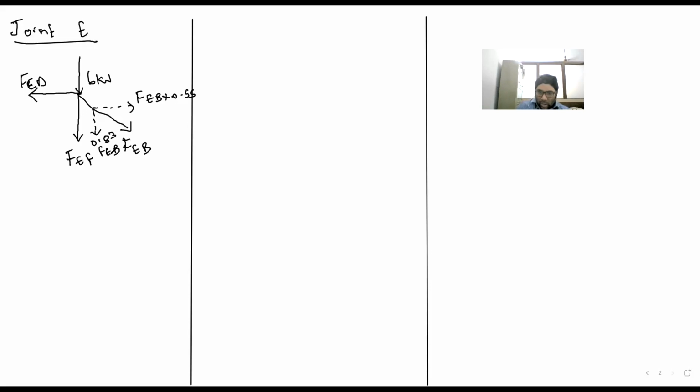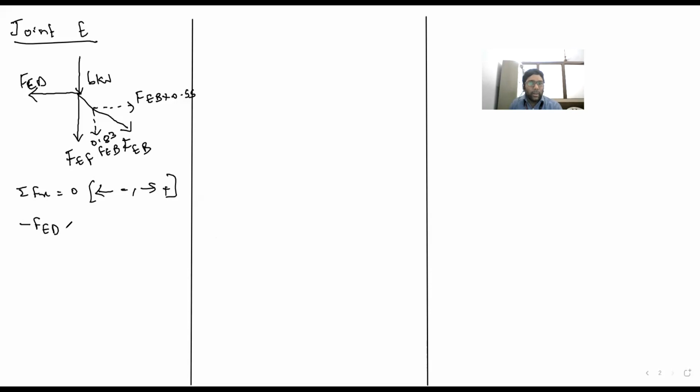Okay. Now again same concept. What is that? Sigma Fx 0, sigma Fy 0. Okay. So see here, sigma Fx is equal to 0. So this is negative, this is positive. That means minus FED, correct, right?